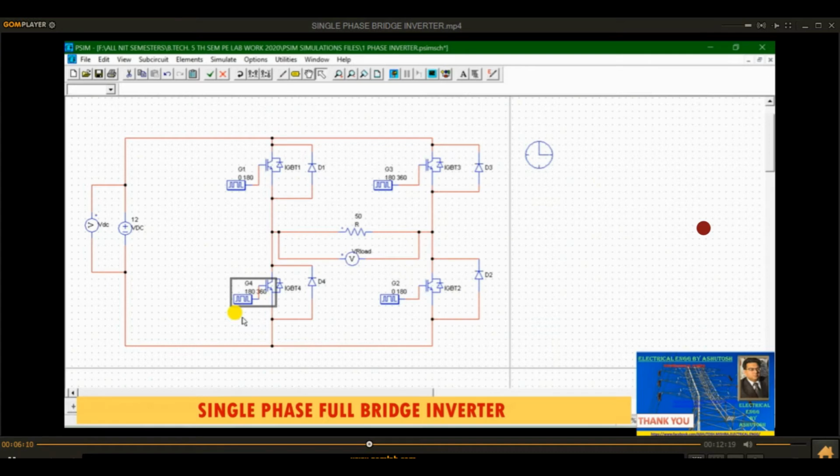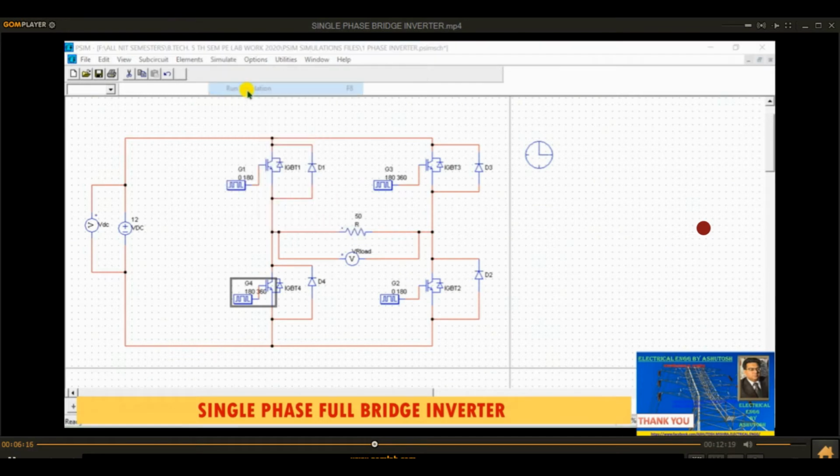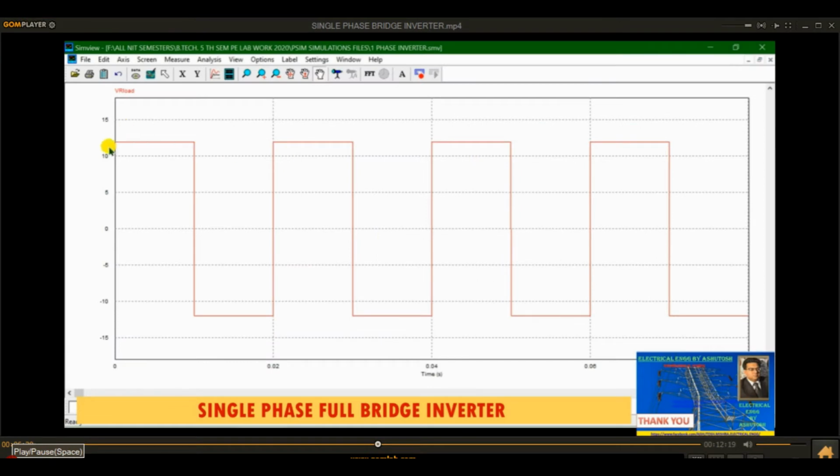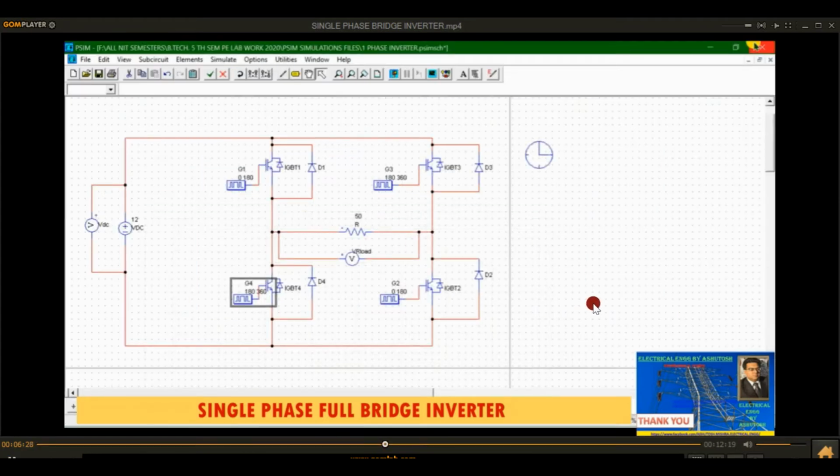The gating signal and output waveform I have presented here. You can see it by running the simulation. This is the output waveform we get across the pure resistive load. So how does it come? Now we will discuss the working principle.